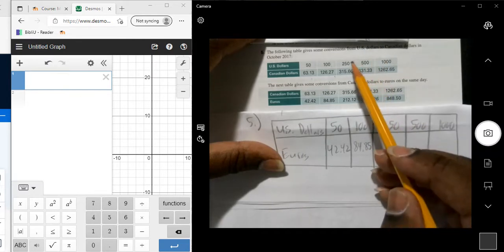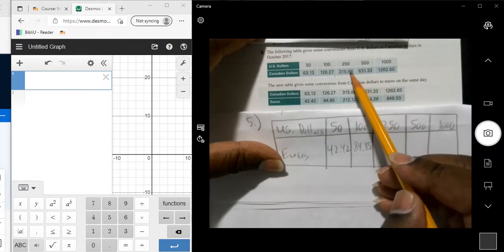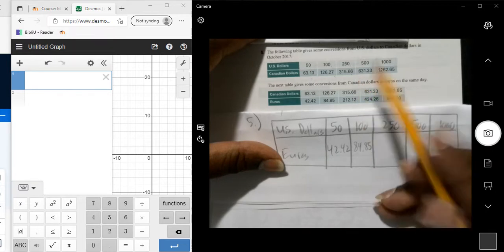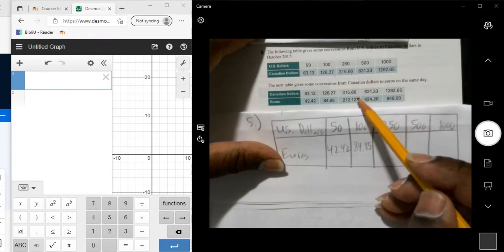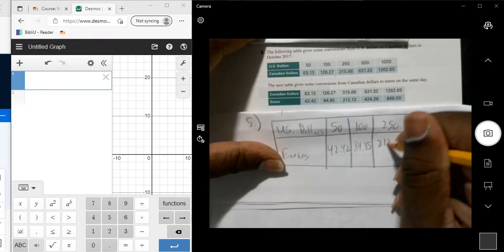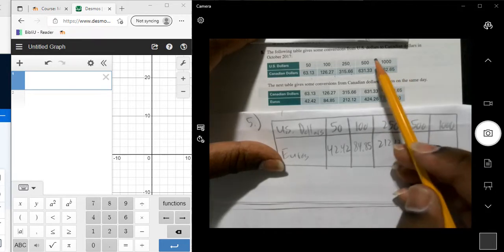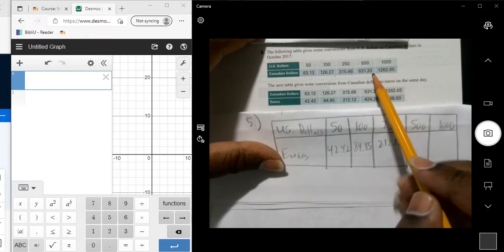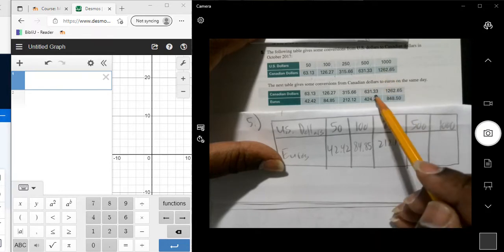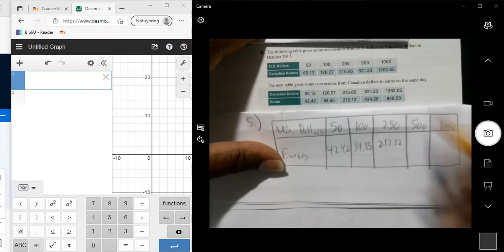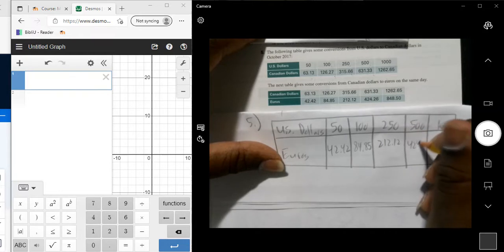So now we would do 250 US. Canadian 315.66. Canadian 315.66 is 212.12 in euros. US 500, Canadian 631.33. Canadian 631.33 is 424.26 in euros.